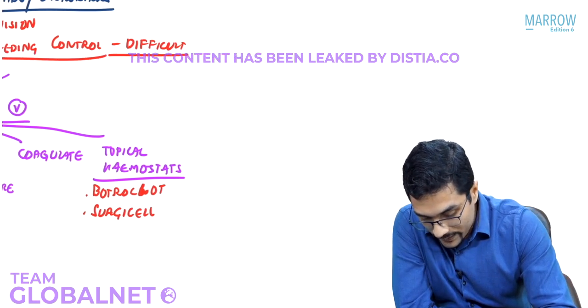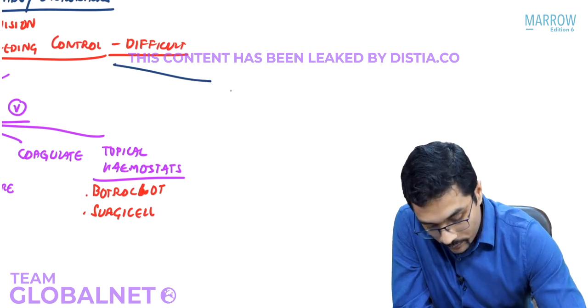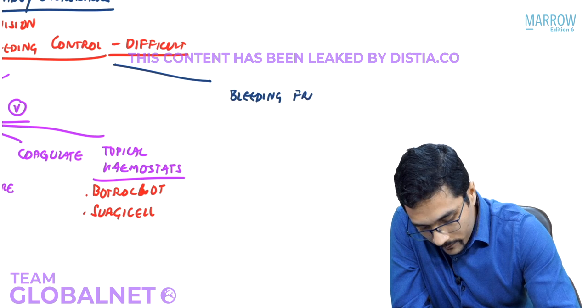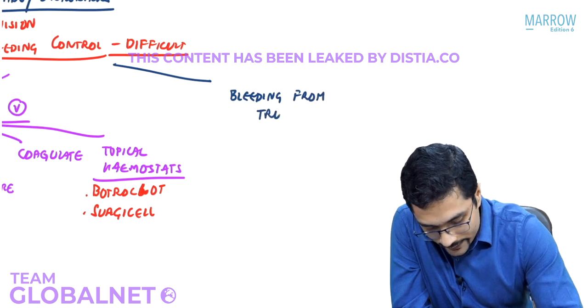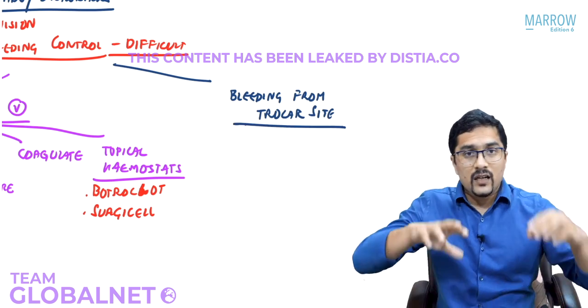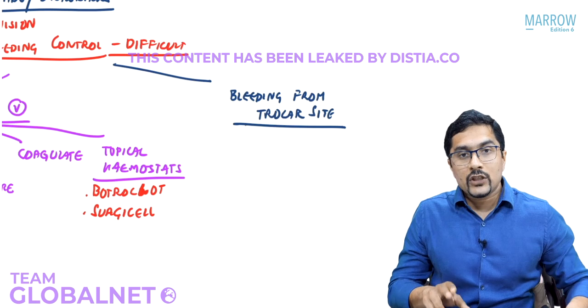Another problem can be that there can be bleeding from the trocar site. This can also be a distressing problem. Once you remove the trocar, you will see that a lot of blood is coming out from the trocar site. How do we manage this?